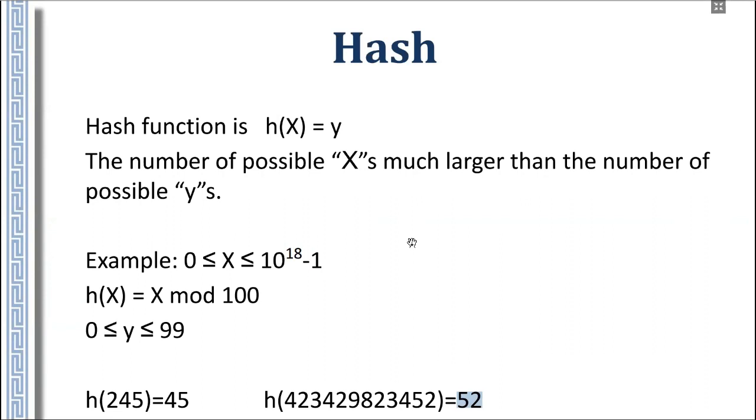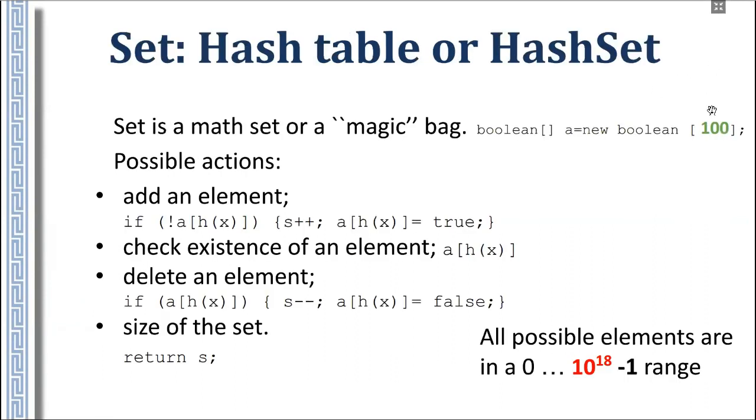So what do we do now? If we consider this hash function, we consider only a Boolean array for all possible hash values of our hash function, that is just 100. When we want to add an element, we compute the hash value and use it as an index of our array, and we set it to true.